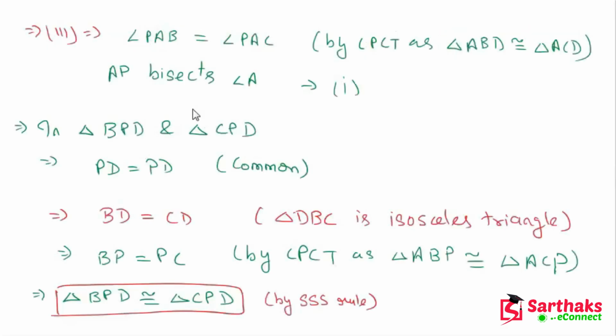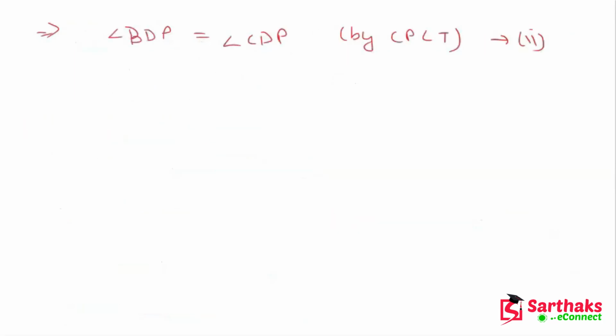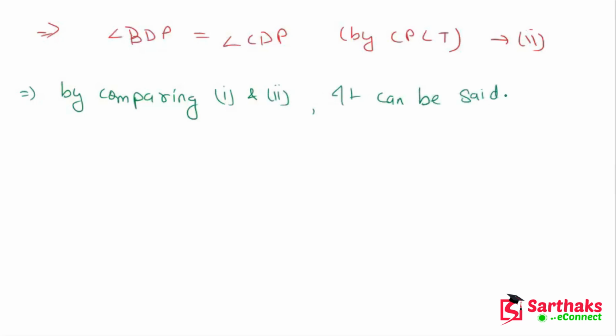And our equation 1 is AP bisects angle A. So by comparing equations 1 and 2, it can be said that AP bisects angle A as well as angle D.